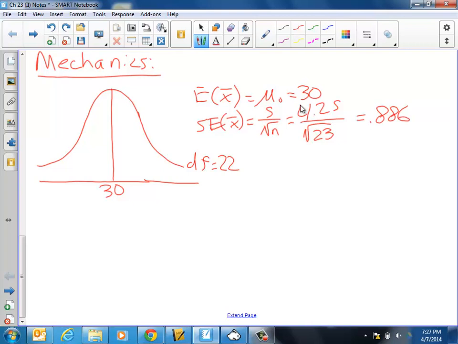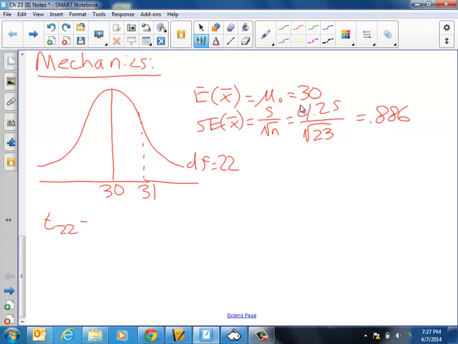Now, what's the critical value, the number that we care about in this bell curve? Well, we're going to get that critical value, the t-score here, by noting that we want to see if this sample mean of 31 is exceptional given this t-distribution bell curve. So we're going to find a t-score rather than a z-score.